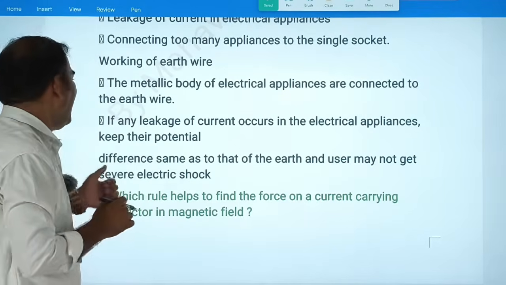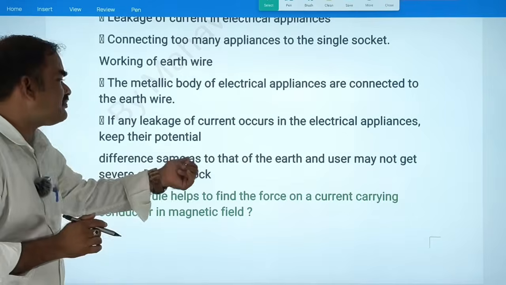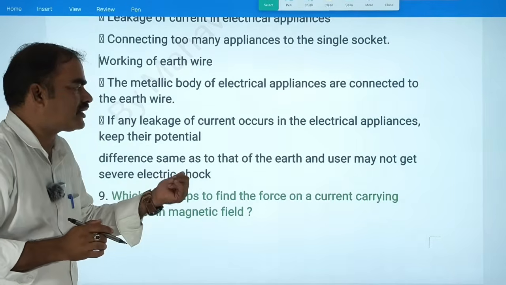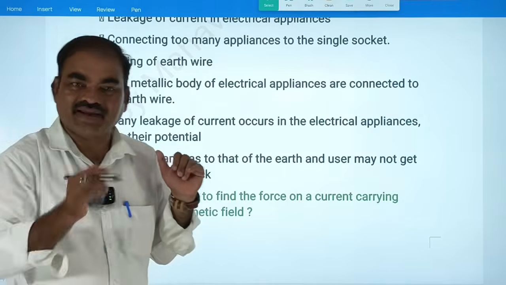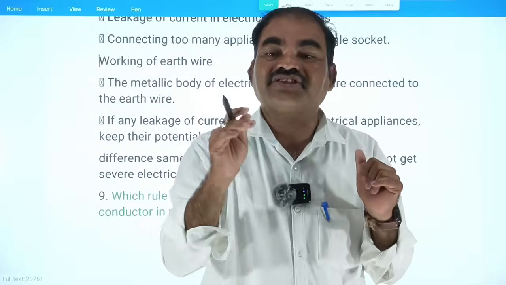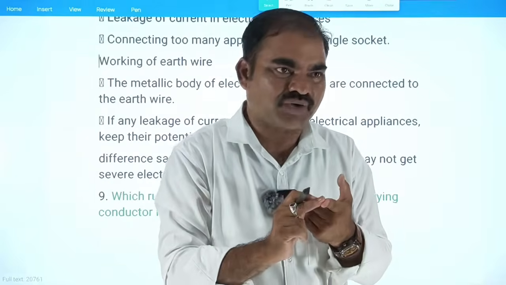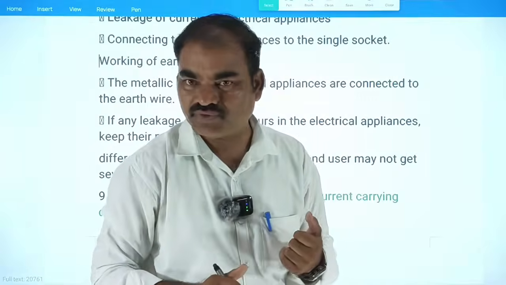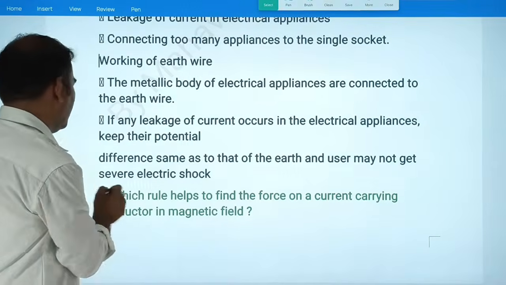And the difference is the same between earth and the user, so the user may not get a severe electric shock. By connecting the earth wire, severe damage will not be there, that is the first one, and severe shock will not be received, that is the second one.